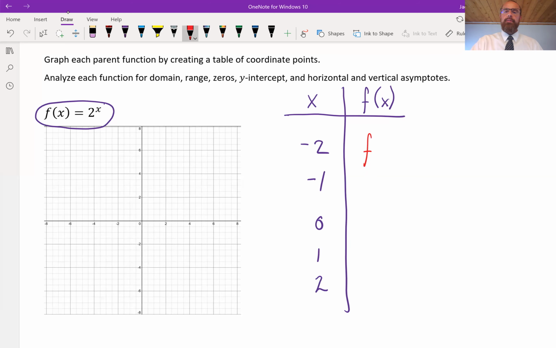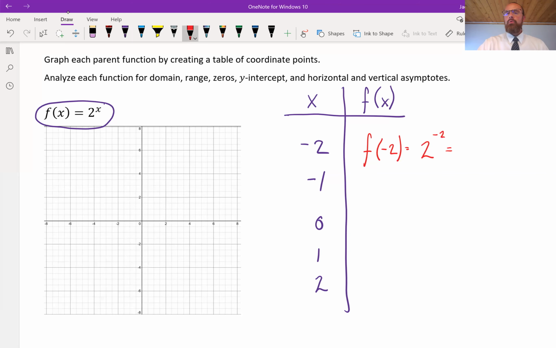So we're going to start with f at -2. And remember, the way that we calculate this is I'm going to take the rule, which is 2 to the power of x, and in any place that I see x, I'm going to substitute that number. So I'm going to substitute -2 here. And at that point, we just want to simplify.